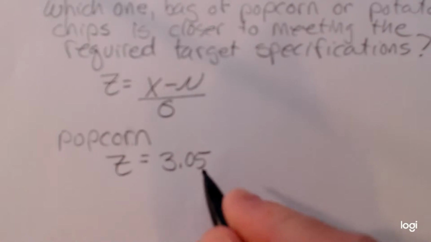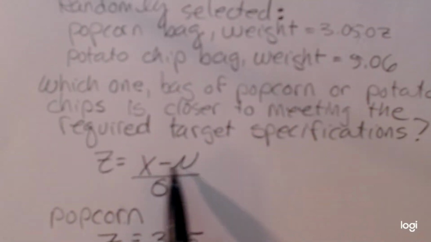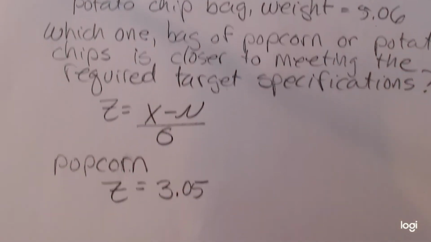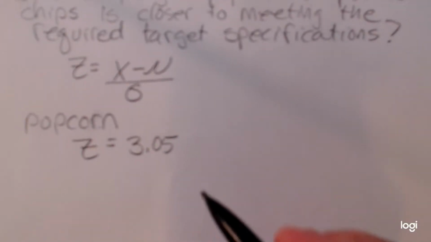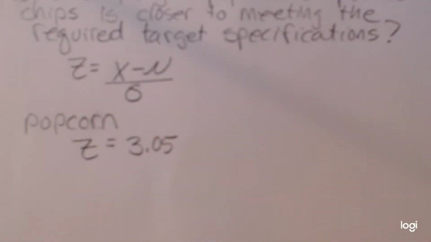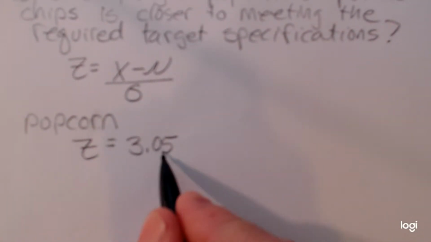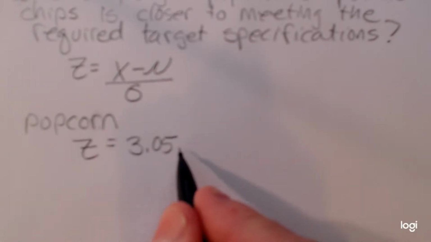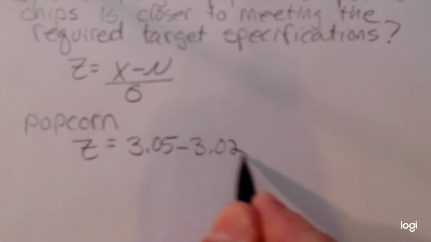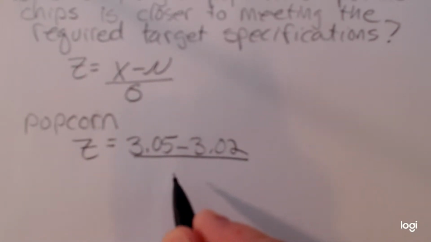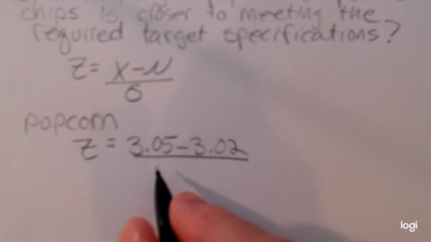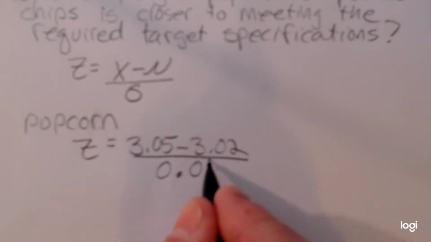A common mistake is to switch these in the numerator. If you do, you're going to get a z-score that's negative when it's supposed to be positive, and vice versa. So we have our observation, the randomly selected popcorn bag, minus the mean, divided by the standard deviation, or that allowable tolerance.